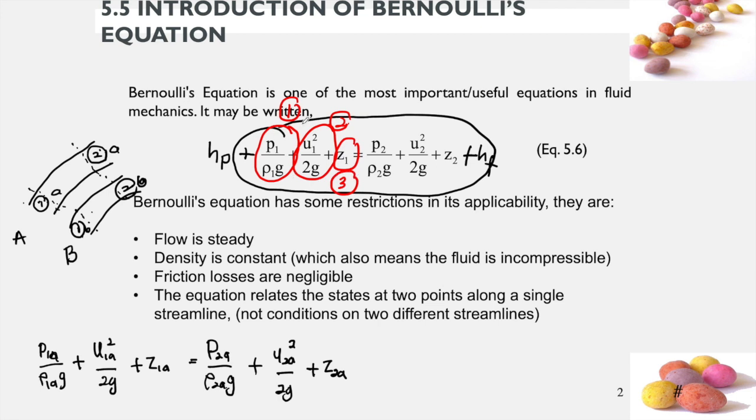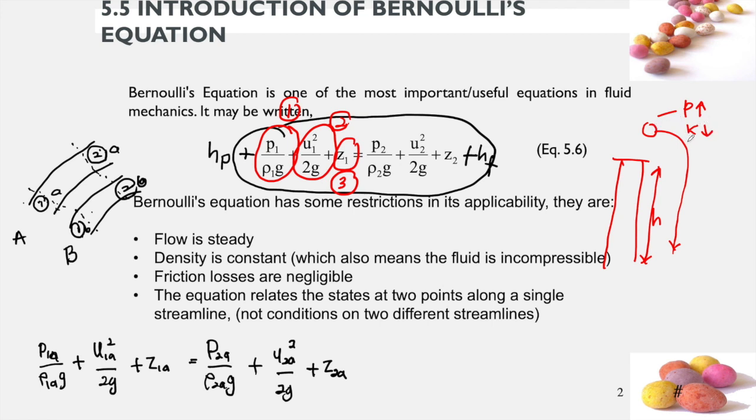So those three terms actually represent energy for the system. For example, if you throw a ball from an elevation of maybe h down to the ground, at this point you have high potential energy and low kinetic energy.